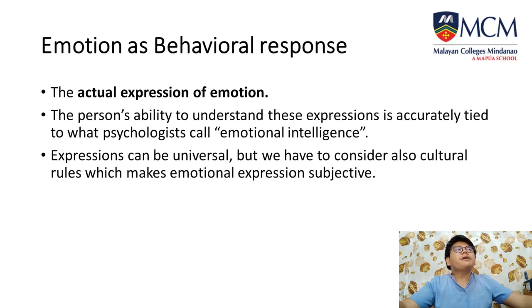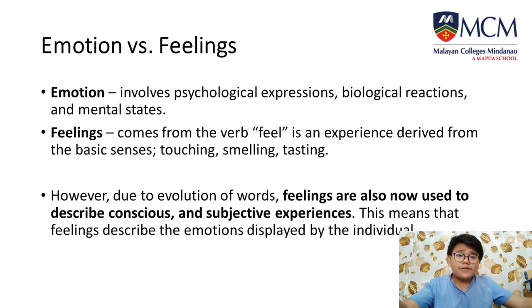So, earlier, I mentioned that there is a difference between emotion and feeling. So, in this slide, I'm going to discuss the difference between the two, no? Emotion versus feelings. When we say emotion, it involves psychological expressions, biological reactions and mental states. And feelings comes from the verb feel, no? It is an experience derived from the basic senses, from sensing to feeling, from touching, smelling, tasting, and so on and so forth.